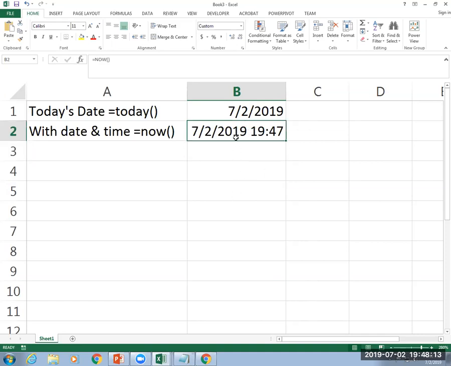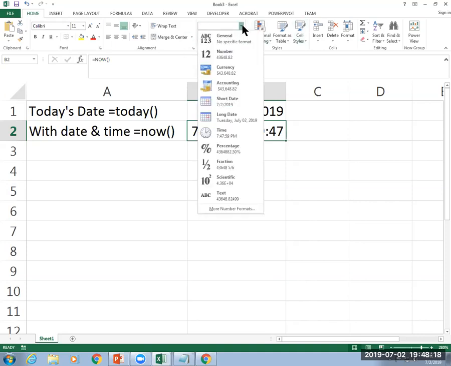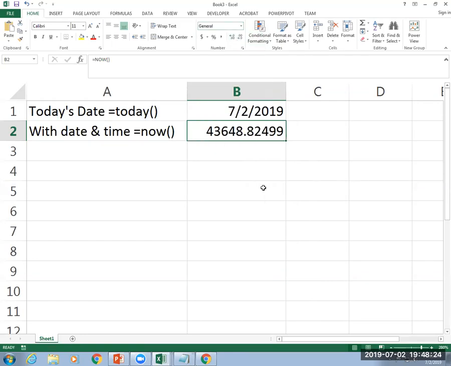So if I go into the number section and I go down to general, because general converts it to text, the current date and time is actually 43,648.82499 days after January 1st, 1900.